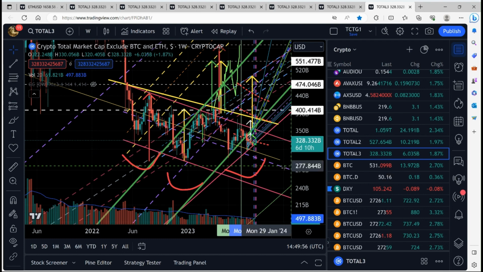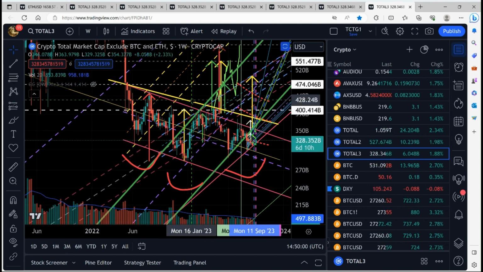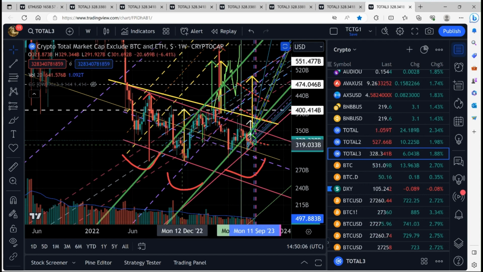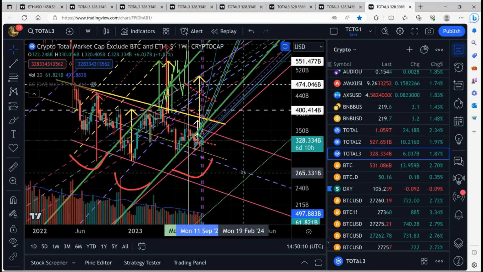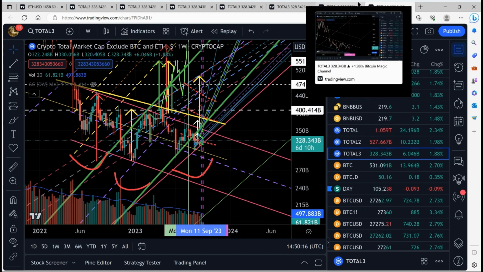It's a reversal pattern from this red channel into another channel, possibly this green one. We shall see. There's a lot of lines there, but anyway, things are looking good.